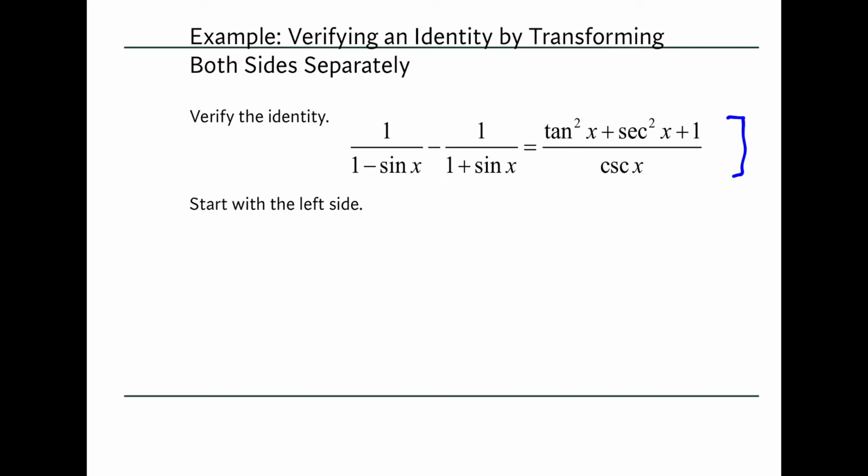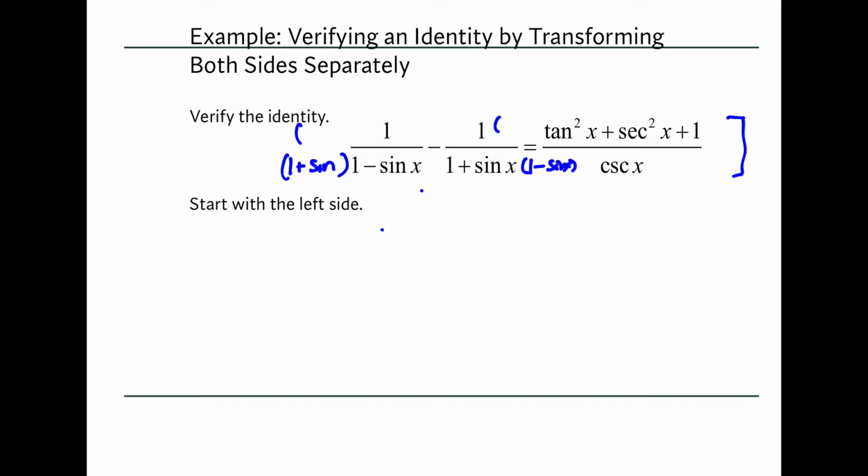So these are completely different. 1 minus sine x is totally different than 1 plus sine x. So really, I just need to multiply the first one by 1 plus sine x and multiply this other one by 1 minus sine x, which is actually going to work out okay.